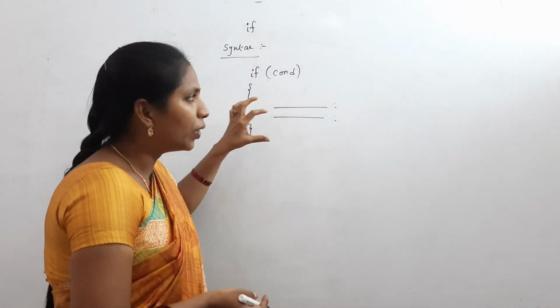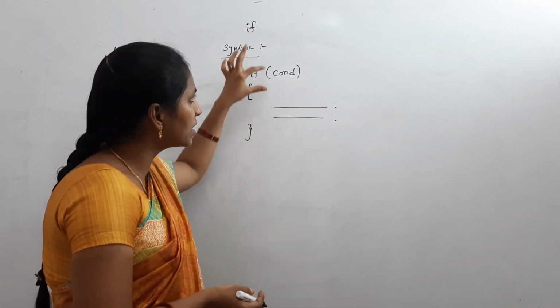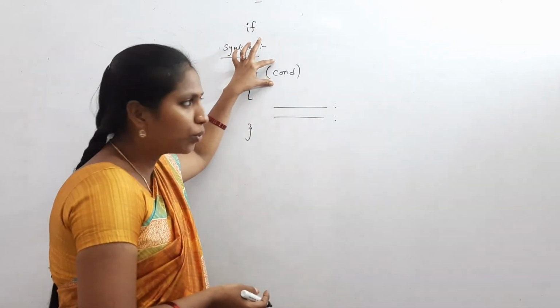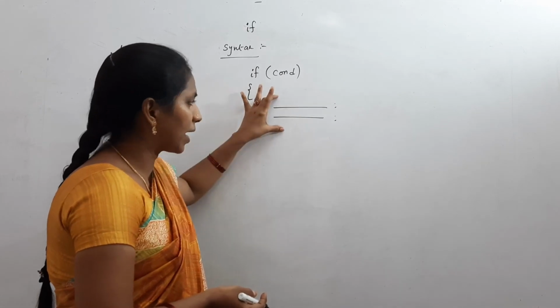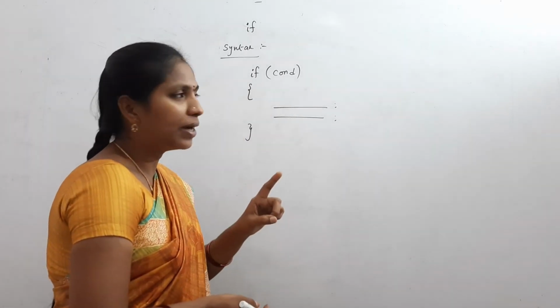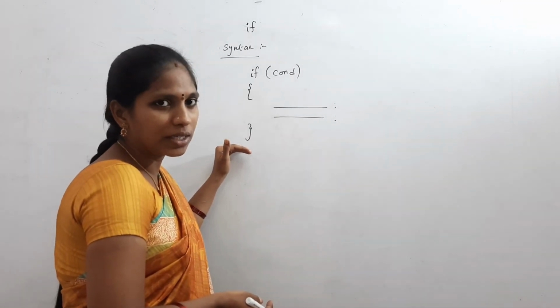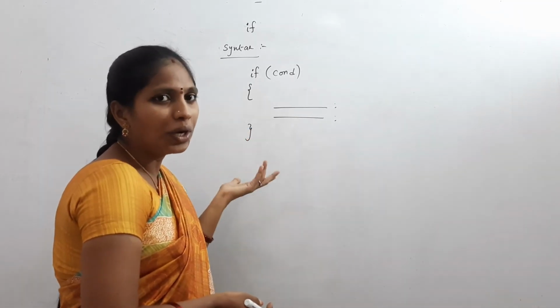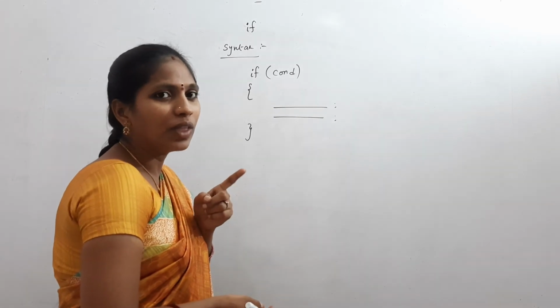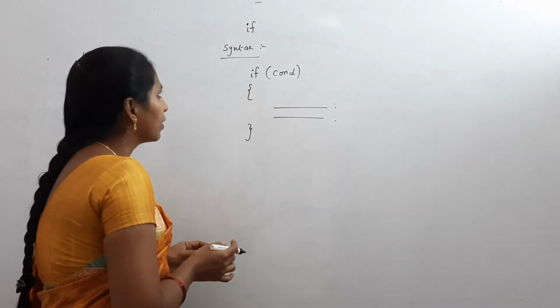If you want to execute two or more statements when this condition is true, then write them within flower brackets. If there is a single statement, then write without using these curly brackets. We can use curly brackets, but no need if there is a single statement.